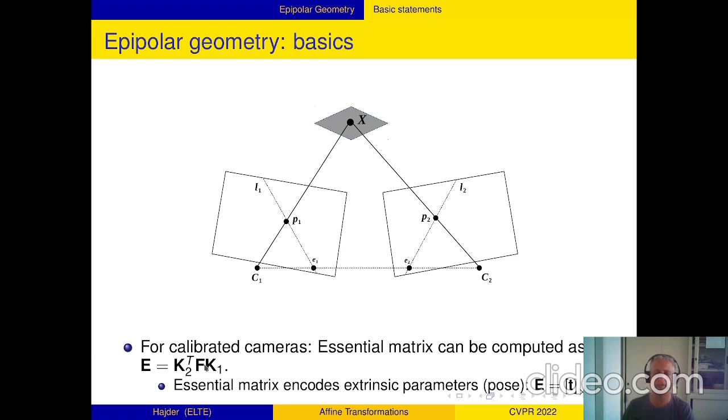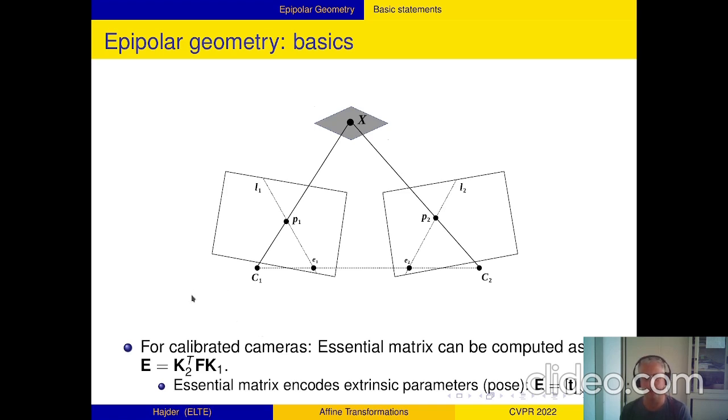And if the fundamental matrix is given and the camera parameters encoded in the K1 and K2 matrices, these are upper triangular 3x3 matrices, in that case the essential matrix can be computed from the fundamental matrix. So an estimation is not required.